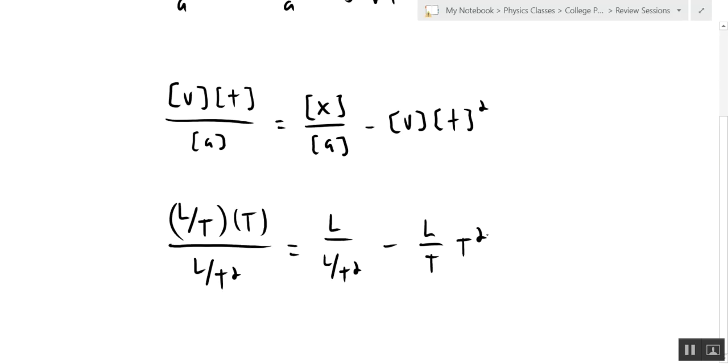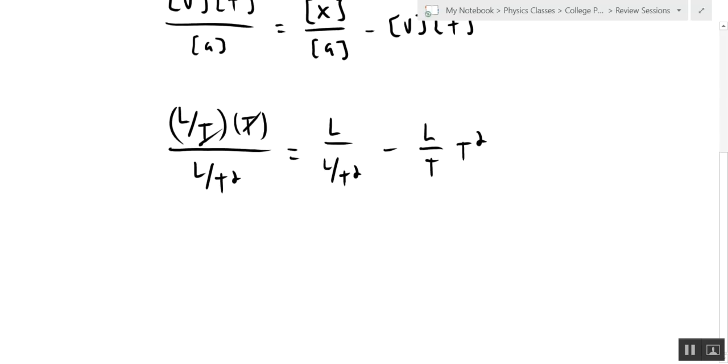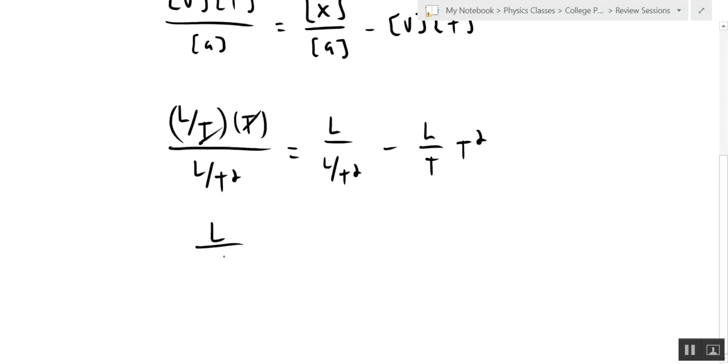T squared. So if you look at the left-hand side, what is L over t, the numerator? L over t times t, what does that give you? L. So you get L. That's technically enough, but I'll simplify it some more. So what do you do to the first term here on the right-hand side if you want to simplify it fully?